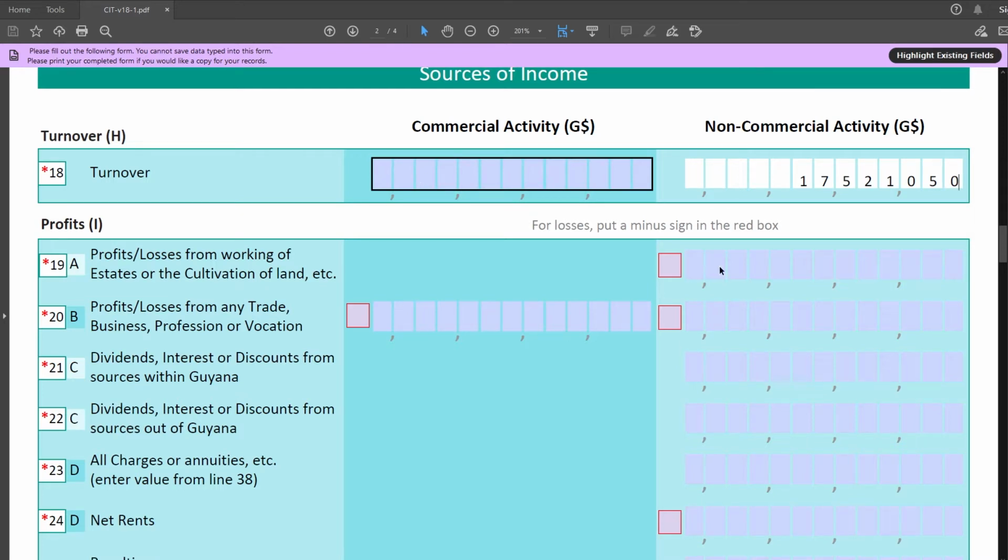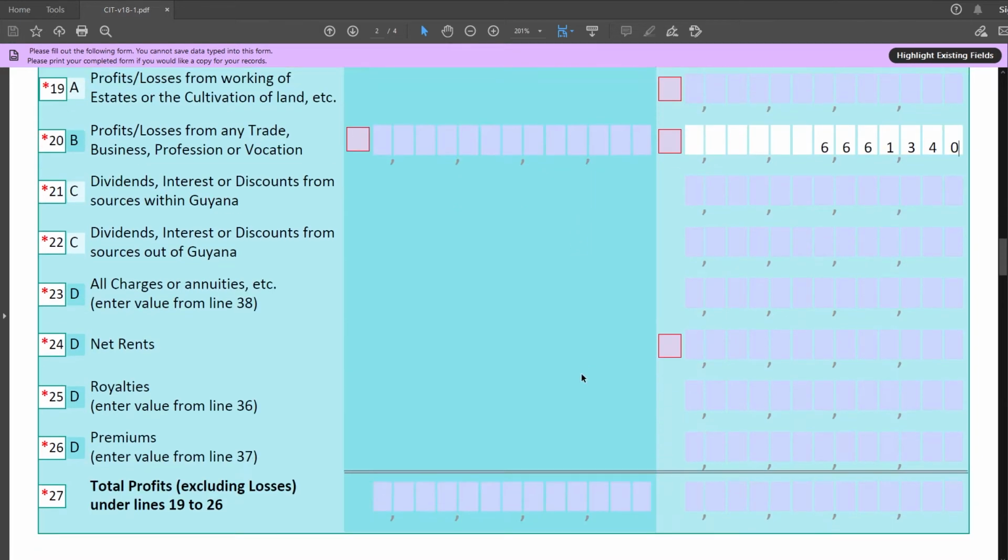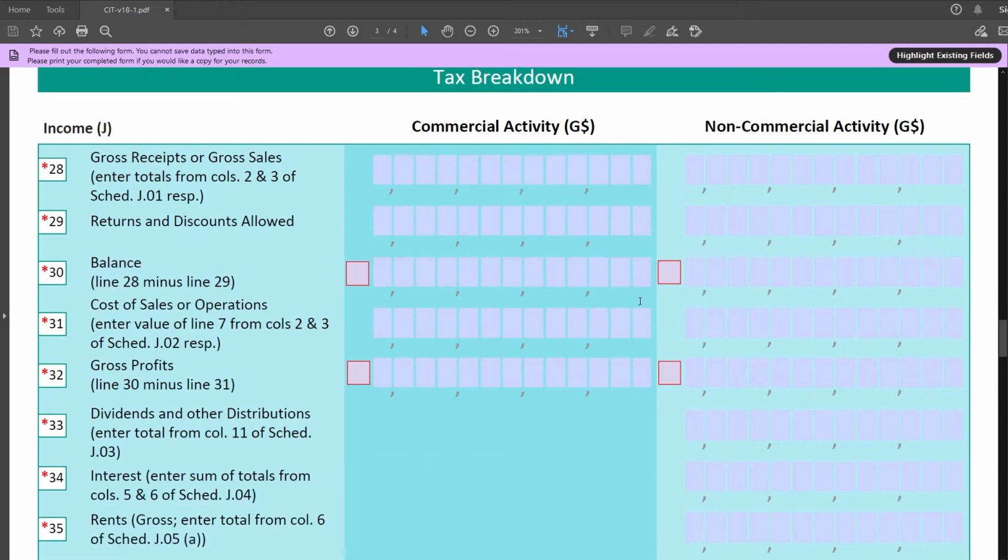The preparer must also state in line 20 the profits or losses from any trade, business, profession, or vocation. Lines 19, 21 to 26 do not relate to the business. Therefore, we enter the total profits in line 27. That is $6,661,340.